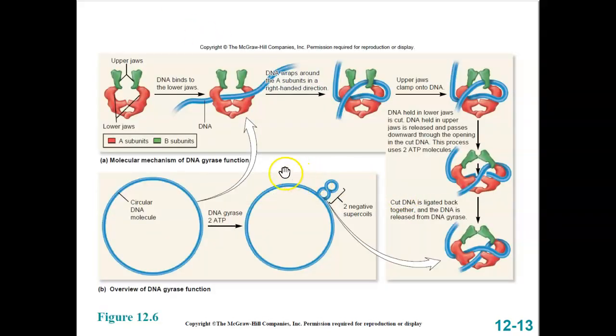How does this work? Well, the topoisomerase molecule, both of them, have what's called subunits: 2 subunits on the bottom, or the A subunits, and 2 subunits on the top. The DNA molecule strings through the A subunits, and then it knots back around through the B subunits.